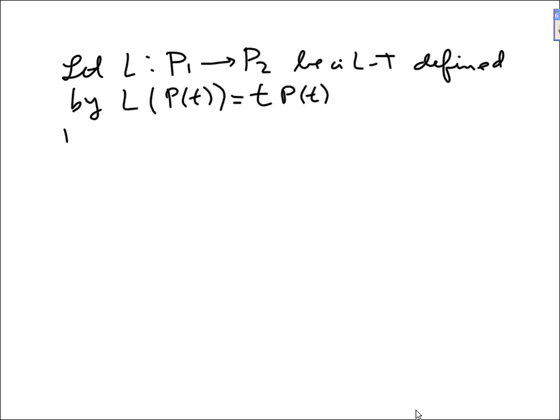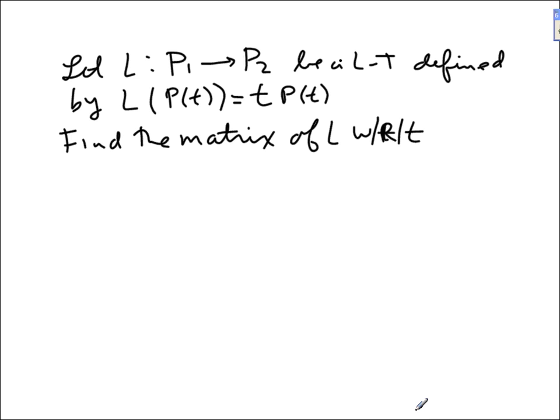So there'll be two parts here. Find the matrix of L with respect to the following bases. Now, if you want to find the matrix of L, it's really helpful to be given the natural basis.